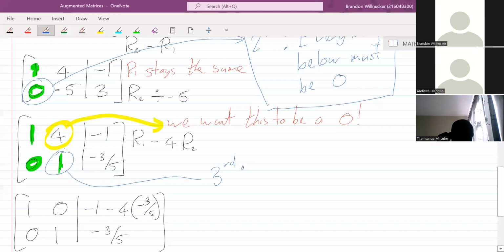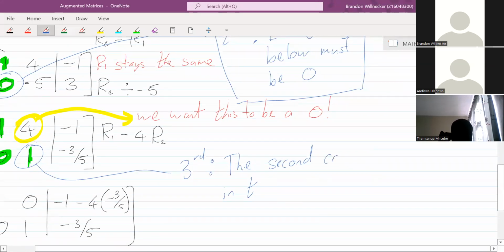So third, the second entry in the second column, second row, maybe I should write it like that.